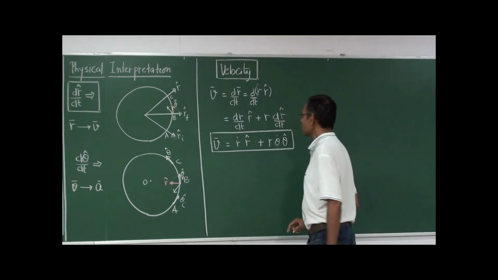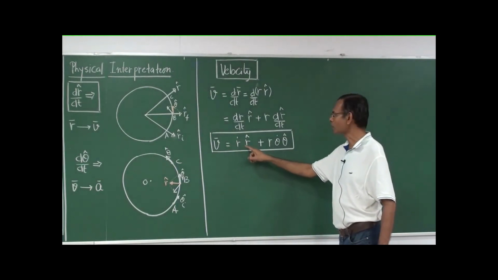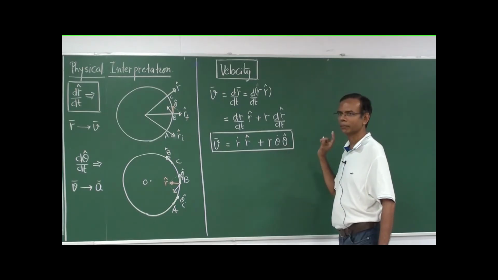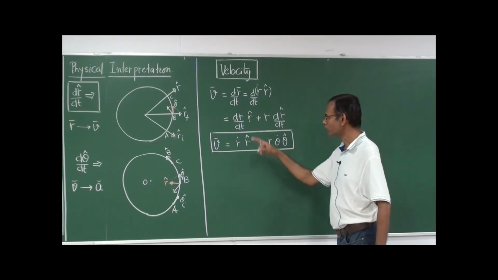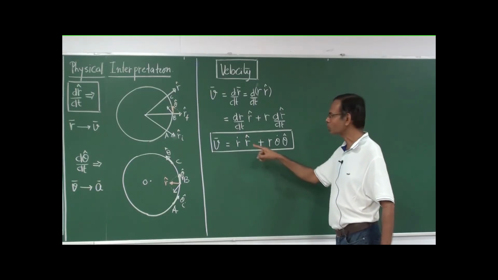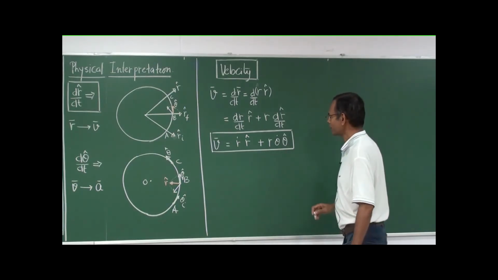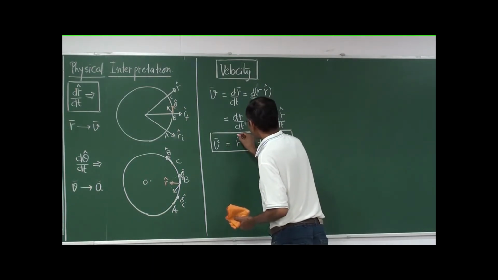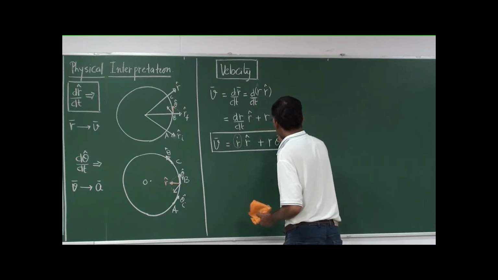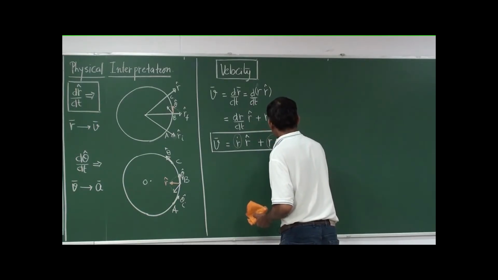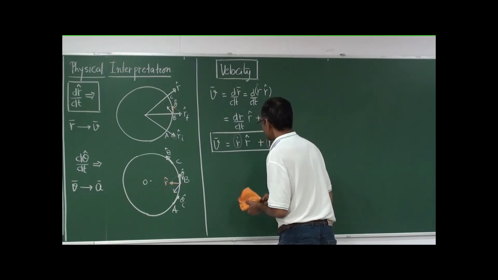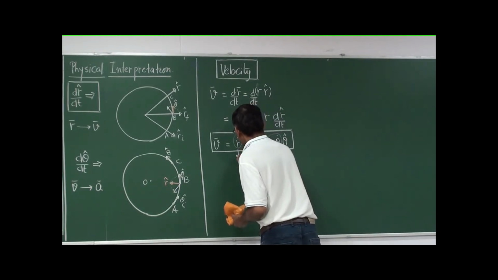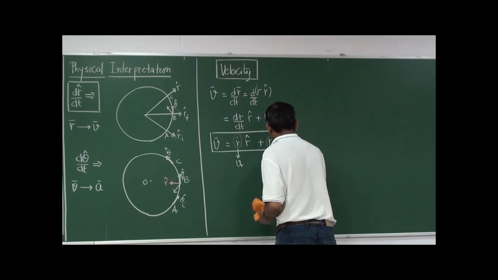Velocity vector is r dot r cap plus r theta dot theta cap. And you know very well, for a body moving in a circle r dot is 0, so it is the tangential velocity, r theta dot, r omega, which you have read. Now the magnitudes of these two terms we can write as V sub r and V theta.